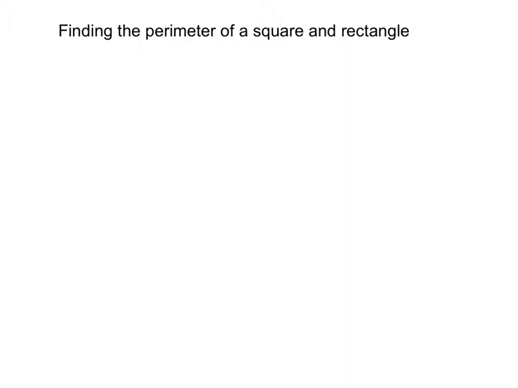So now if we want to work out the perimeter of a square, so this is my square, all the sides in a square are the same length.